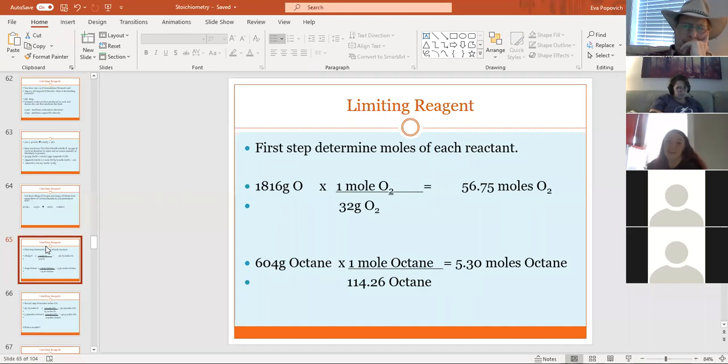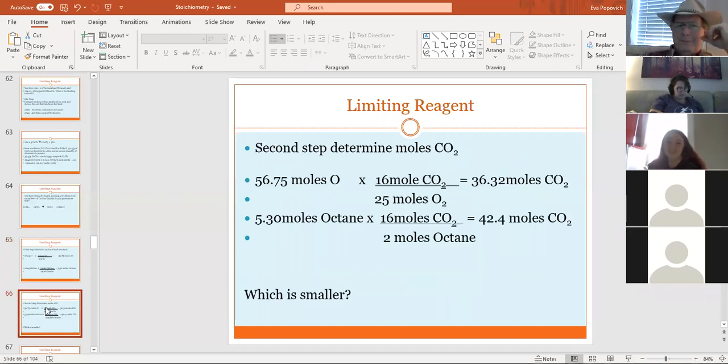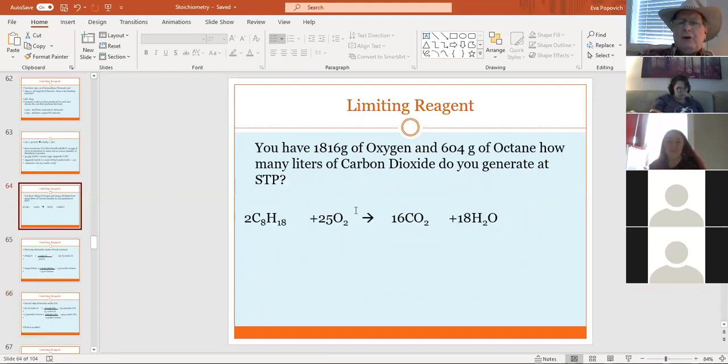The 5.3. But remember, our molar ratio of oxygen to carbon dioxide is 16 over 25. Our molar ratio of octane to carbon dioxide is 16 over 2.